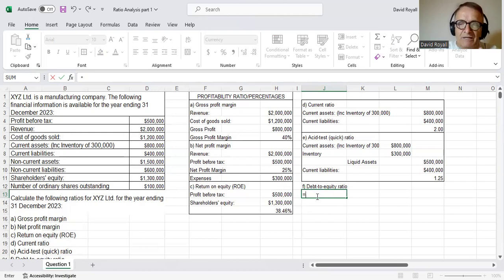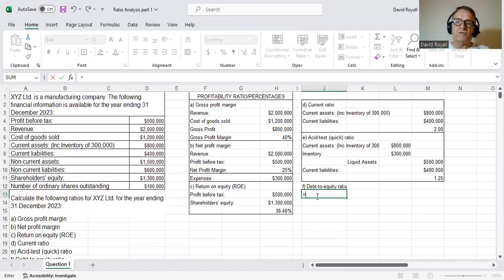If you've got a figure of 1, for example, it would mean that for every dollar that you have invested in the business, you also have $1 provided by an outside body. So I guess I'll hopefully get a figure of maybe less than 1.